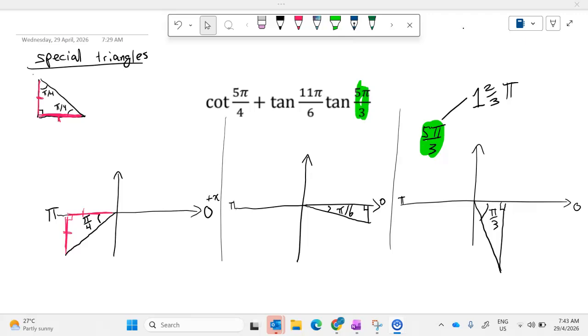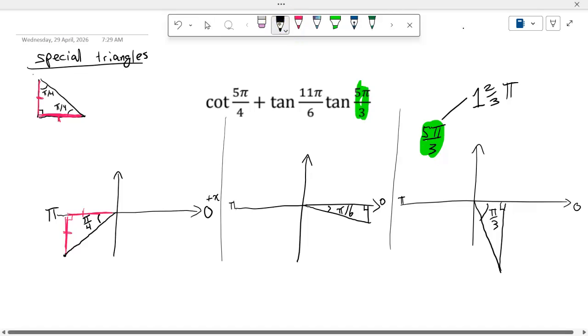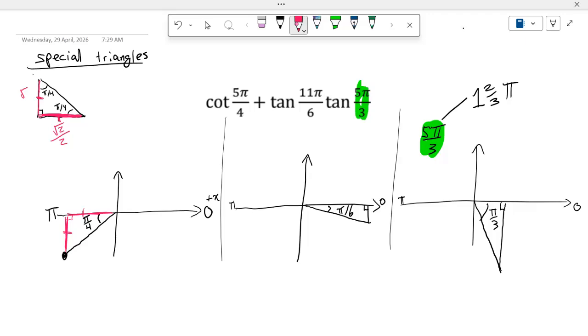If we recall one of our two special triangles, it is the isosceles triangle with angles of pi over 4. You should recognize that as being the same triangle here. Because we know the side length of this triangle to be square root of 2 over 2, which we found with the Pythagorean theorem, then we know that the length of this is also square root of 2 over 2.